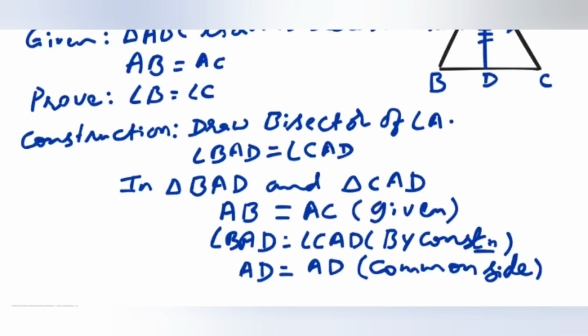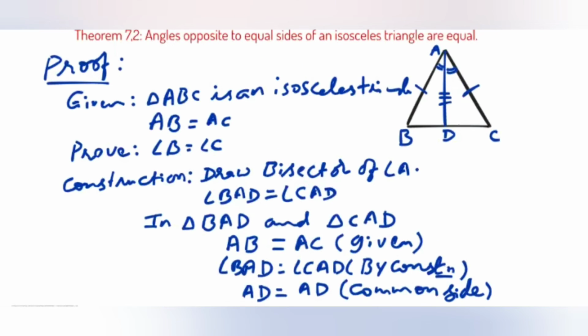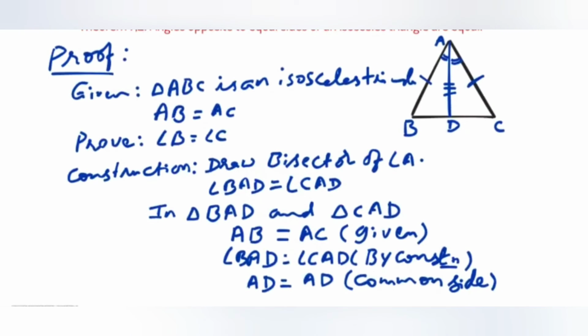If you observe these three things you have written, they are SAS: side, angle and side. The two sides which are equal have these angles lying between them.